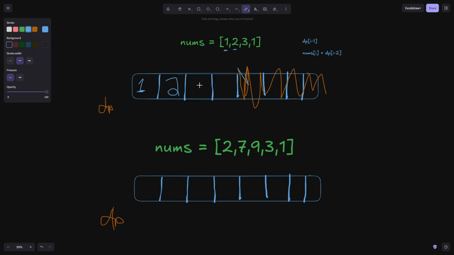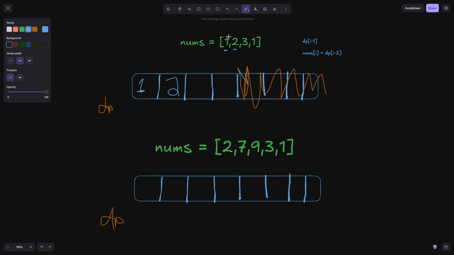So when we're here, we're going to compare what is bigger, right? Remember, we can't rob adjacent houses. So we're going to take this value and compare it to the maximum we had 2 houses back. And if that number is bigger than the house before, then we know we want to keep robbing the current adjacent house path that we're on.